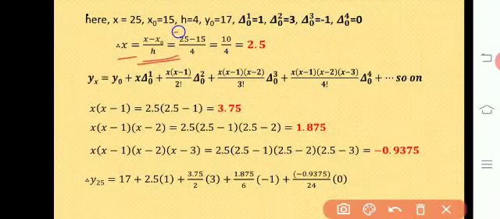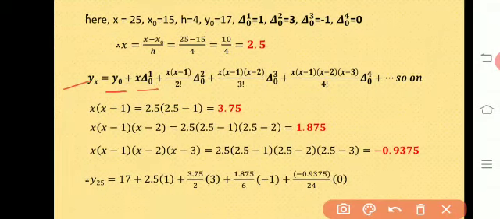Here x is 25 minus x0 is 15 divided by h is 4. If we simplify this, we will get x equal to 2.5.